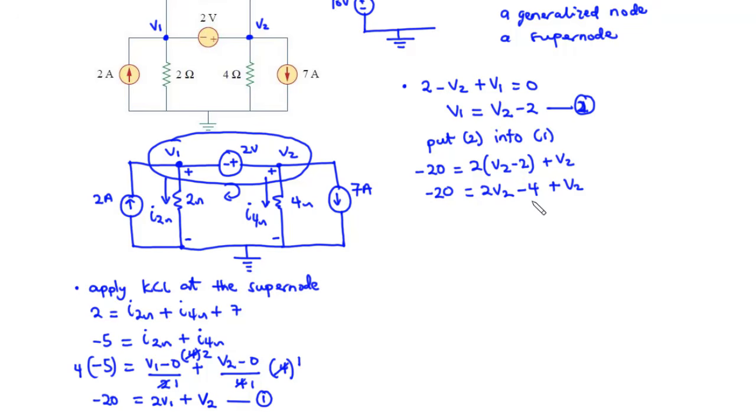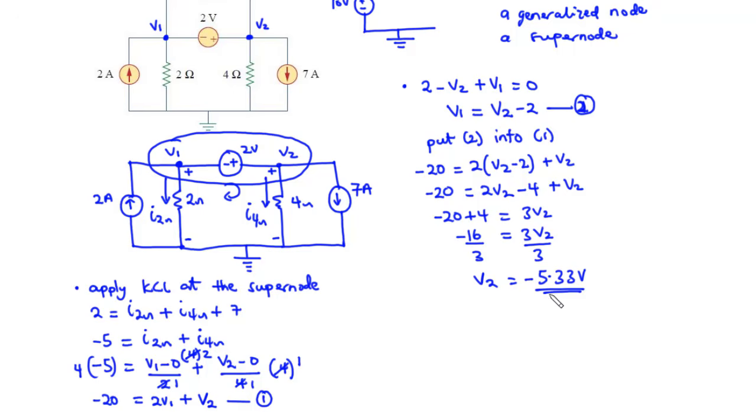We transpose negative 4 to the left hand side, and then we have negative 20 plus 4 equals 2V2 plus V2, that is 3V2. So this becomes negative 16, and that is equal to 3V2. Now we divide through by 3, and then we have V2 to be equal to negative 5.33 volts. So this is the value of V2.